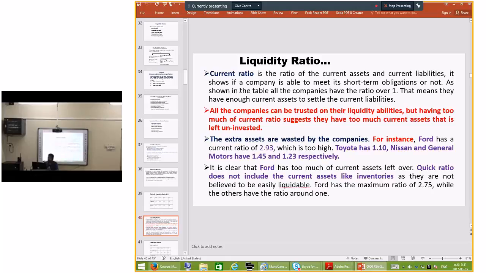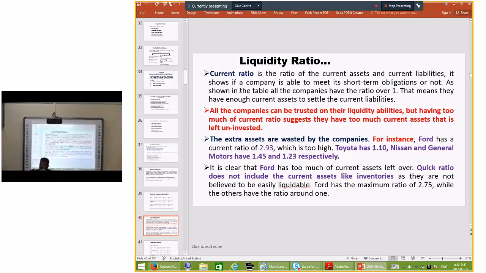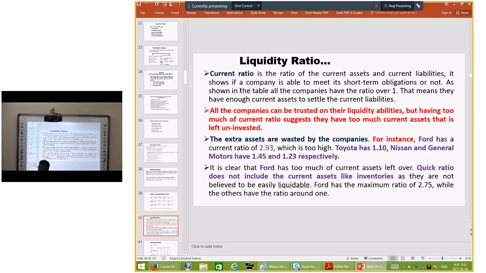Toyota has 1.10. Nissan and General Motors have 1.45 and 1.23 respectively. Now you can see the evaluation, analysis and interpretation. It is very important for explaining and making decisions, right?